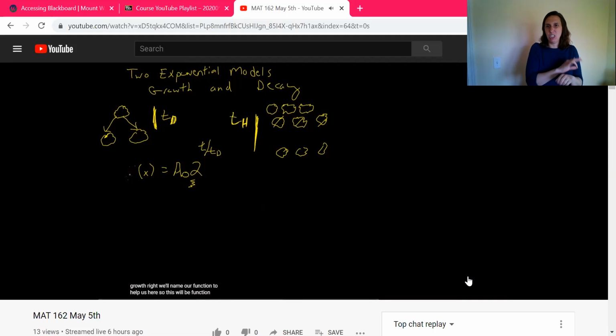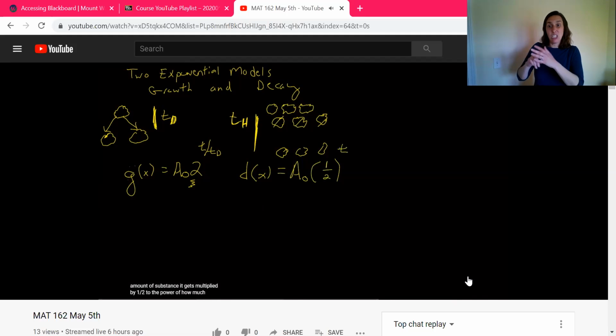So this will be function G for growth, and this will be function D for decay. And I have some original amount of substance that gets multiplied by 1/2 to the power of how much time has passed divided by the half-life. And that's a good functional model for it. But 1/2 as a base, we don't have as many tables for.